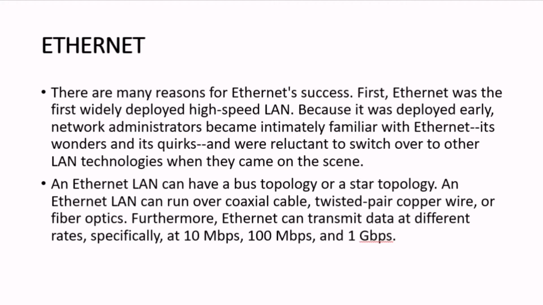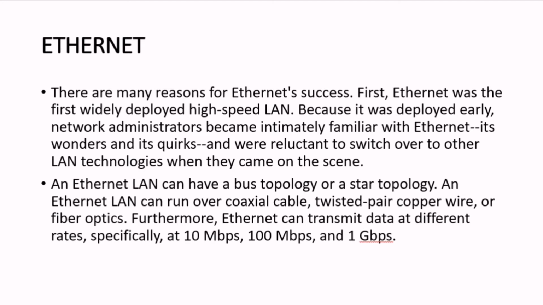However, currently most networks use star topology. An Ethernet LAN can run over coaxial cable, twisted pair copper wire, or fiber optics. For economic costs, most networks use twisted pair cable with RJ45.